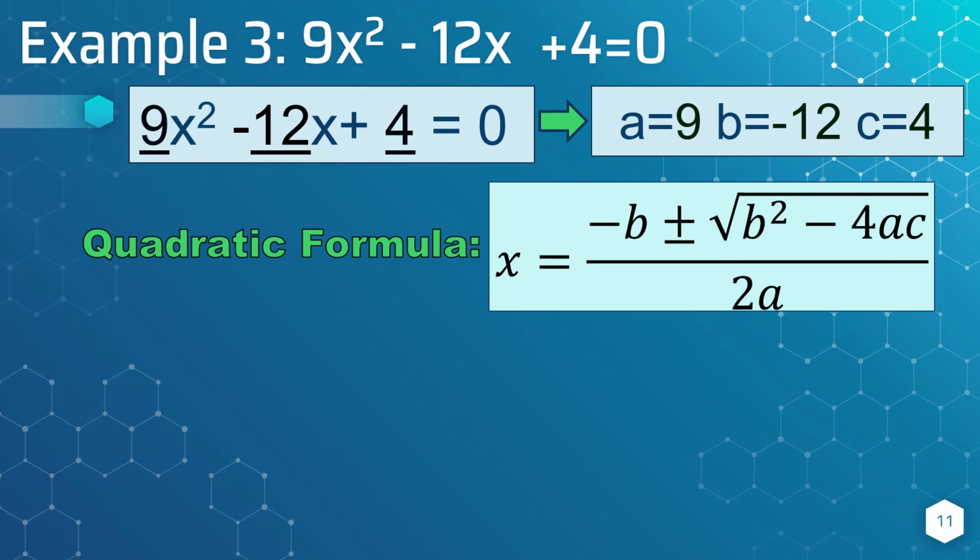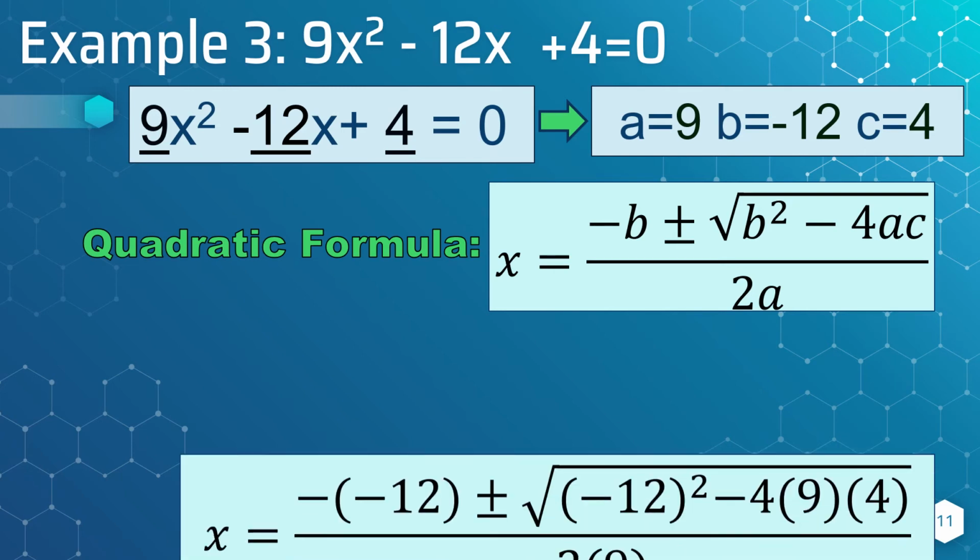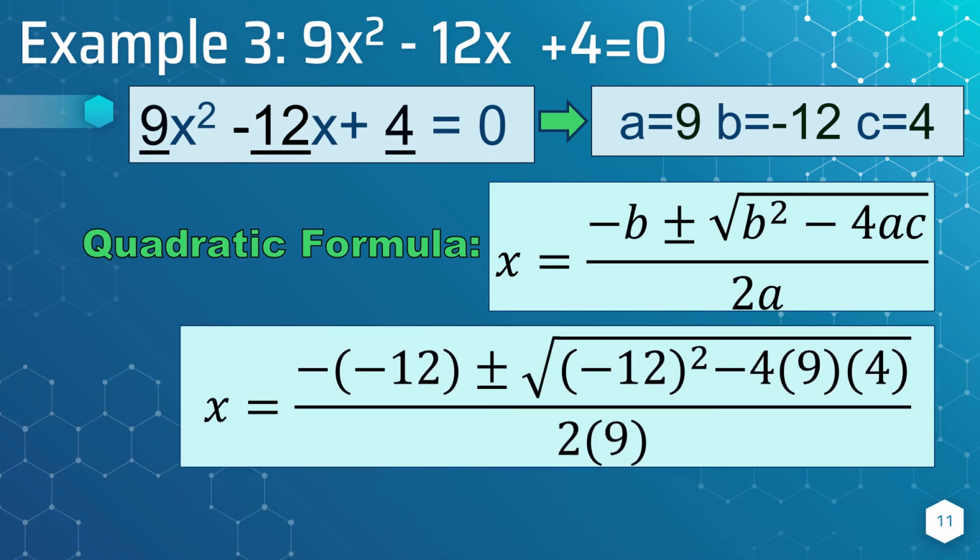For the fourth step, just substitute. We will use negative 12 for b, 9 for a, and 4 for c. So this will be our working equation. x is equal to negative 12 plus minus square root of negative 12 squared minus 4 times 9 times 4 all over 2 times 9.